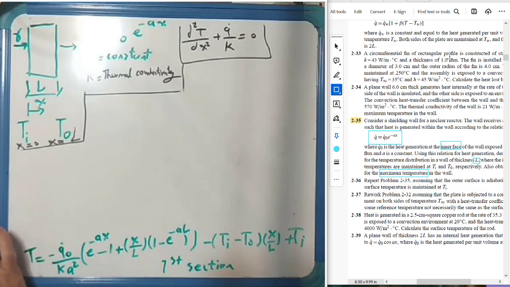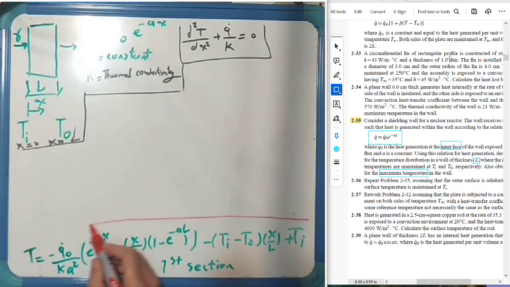Okay, then this is our formula. This is the first section of the problem.